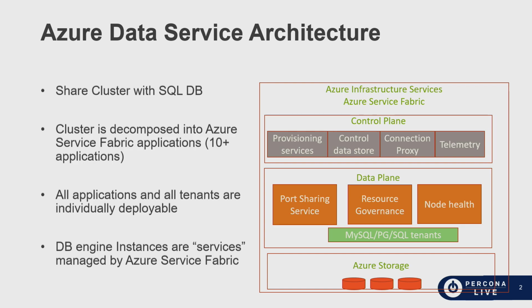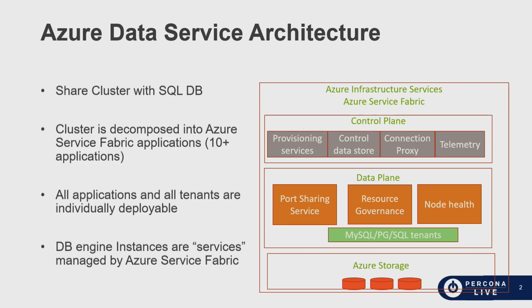Inside this data plane, there are lots of machines. And for every machine, this box here shows what we have on every machine. There are three big buckets here. One is a port sharing service, which makes sure the TCP port can be shared by multiple database engine services.